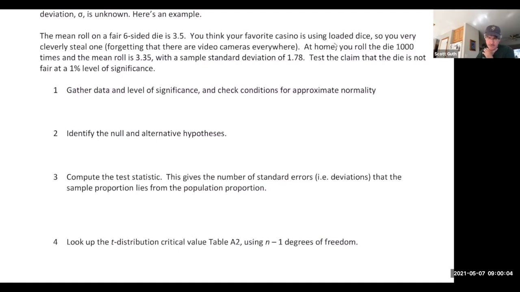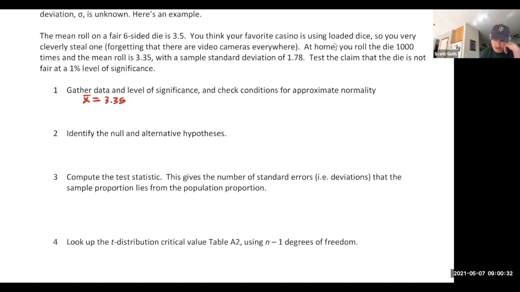Okay, so here it's a claim about a population mean. So when we set up our null hypothesis, it'll be regarding mu, all right? But anyways, as we gather our sample data, it's pretty obvious. We're gonna just write down what they gave us here. The sample mean is the 3.35 up above.